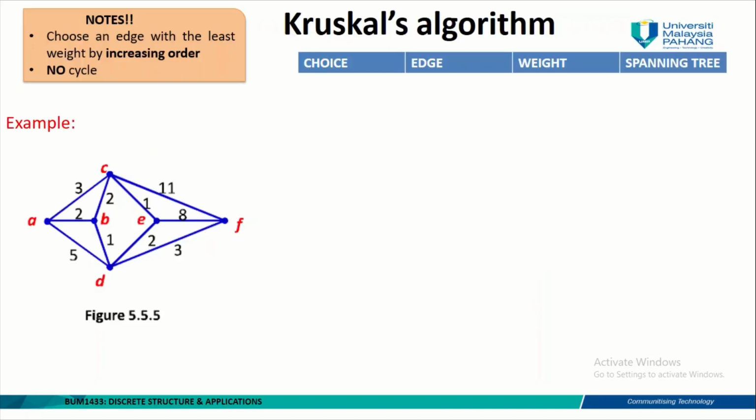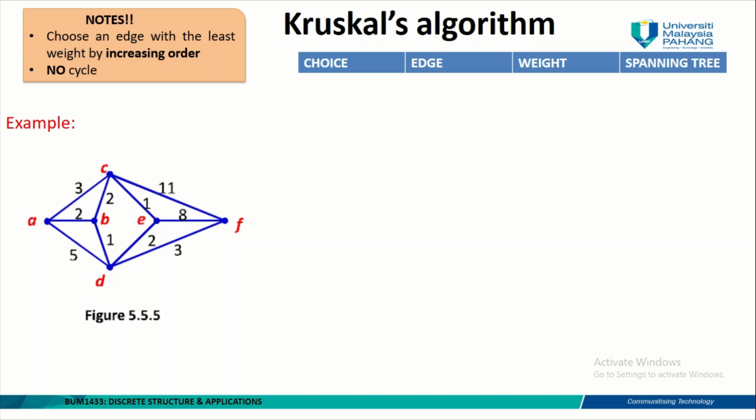So let's see the example for the Kruskal algorithm. We use the same table, choice, edge, wedge, and the spanning tree to show the step by step on the Kruskal algorithm. So now for the Kruskal algorithm, firstly, we need to choose an edge with the least wedge. So by increasing order, we choose another edge.